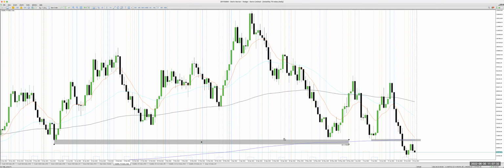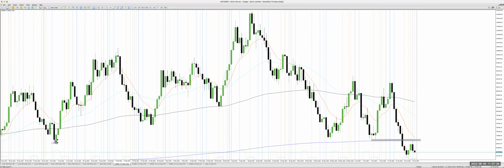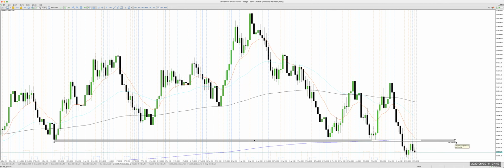So it's as far back as this low here in January. So you always want to check like what's causing price to move the way it's moving. So we have that area there, and we also have, so we've got this.